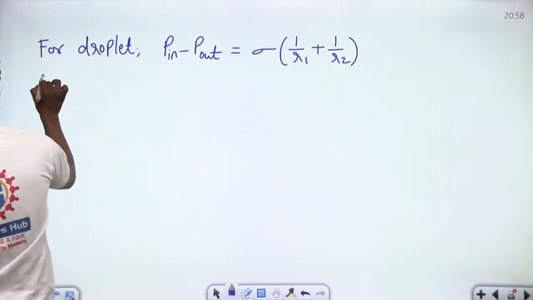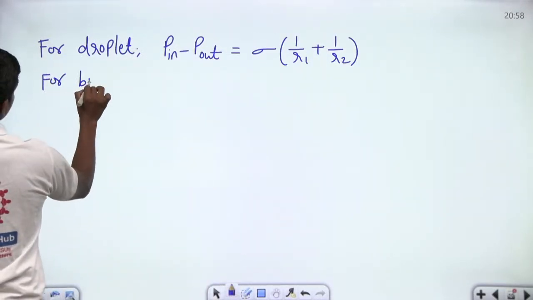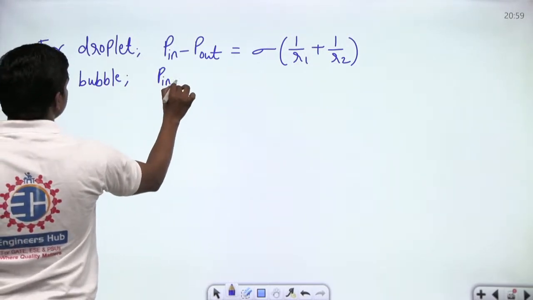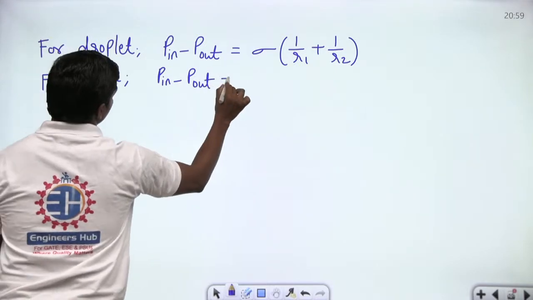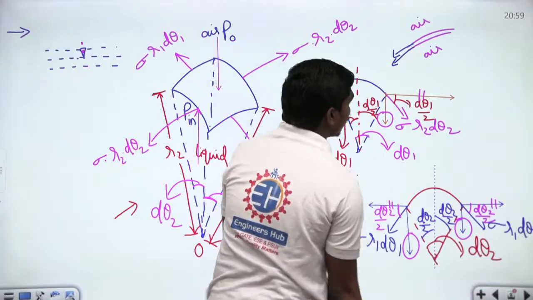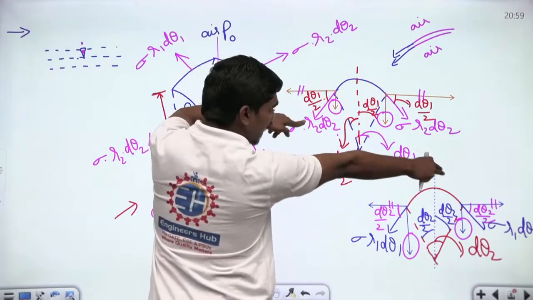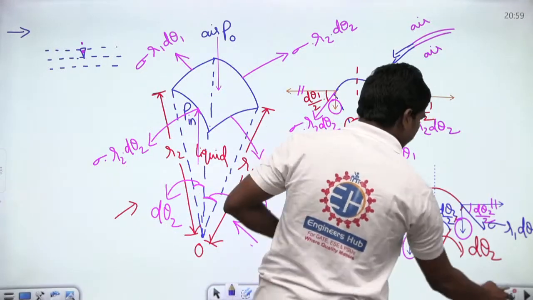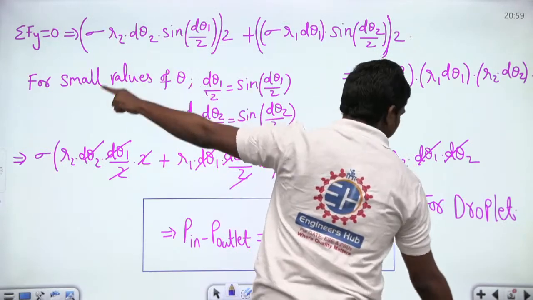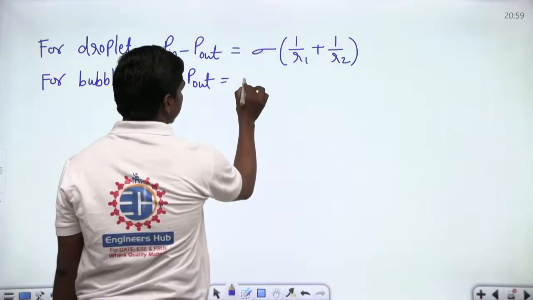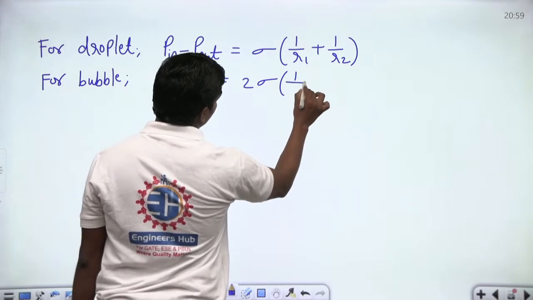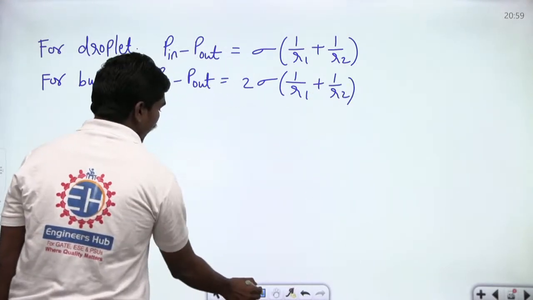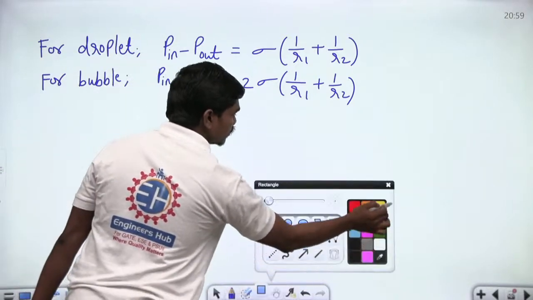And for a bubble, P inlet minus P outlet will have 2 times sigma, because there will be 2 forces acting on 2 different interfaces. So definitely you get a 2 multiplying the sigma, and finally this formula appears to be 2 sigma times 1 by R1 plus 1 by R2. This is what you have. So are you all clear till this point?